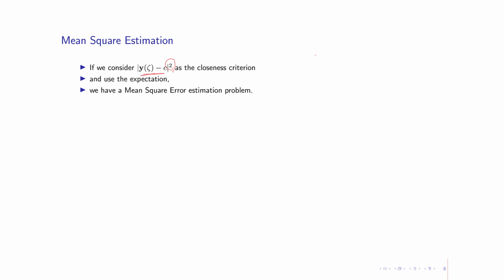You cannot minimize y minus c, because if c is equal to plus infinity, this is minus infinity. So you have to put either an absolute value, or a factor of 2, or a factor of 3, etc., or any other number.